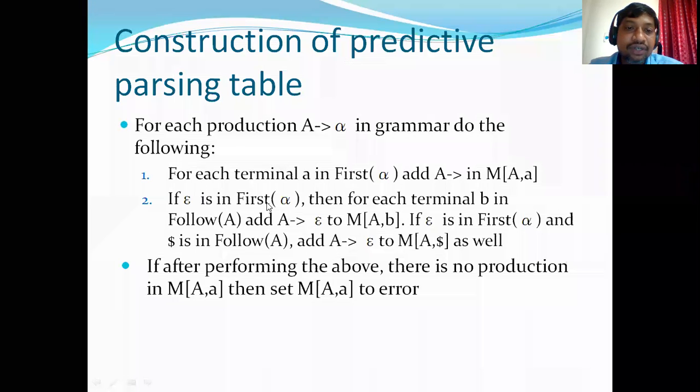If epsilon is in FIRST of alpha, then for each terminal b in FOLLOW of A, add this null production A derives epsilon to M[A, b], each and every terminal b in FOLLOW of A. We need to repeat this procedure until no more terminals can be added. After performing the above, if there is no production in M[A, a], then set M[A, a] to error. We'll see so that it will be more clear to you.